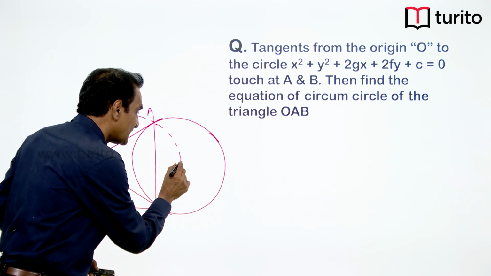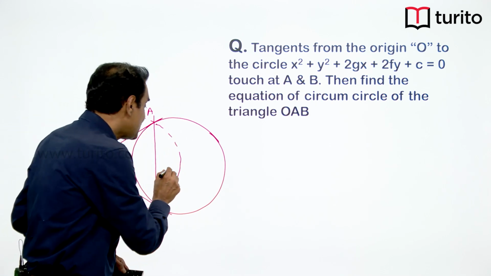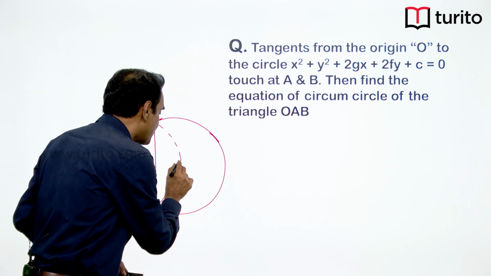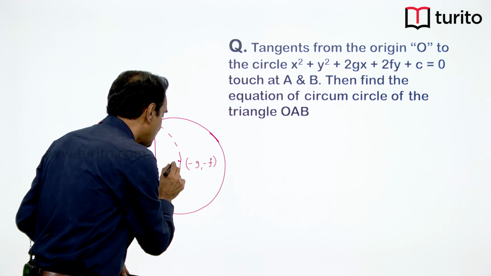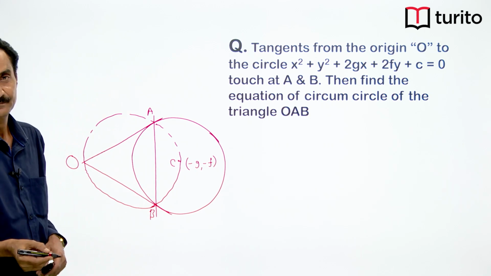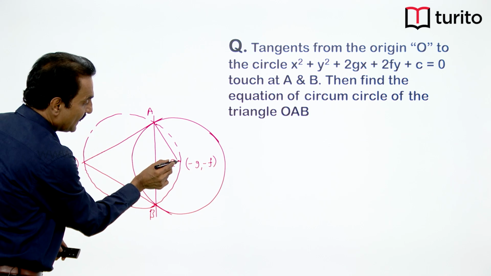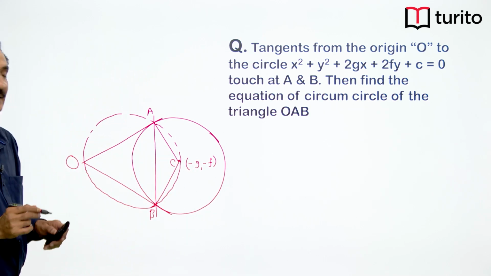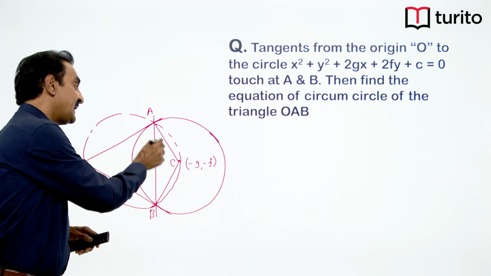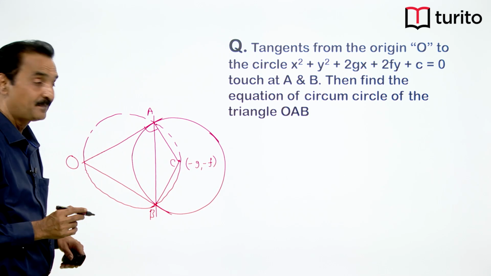Now what is the center of the circle? Center of the given circle is (minus g, minus f), denoted by C. Join AC and BC. You know that the radius is perpendicular to the tangent, so this angle is pi by 2.